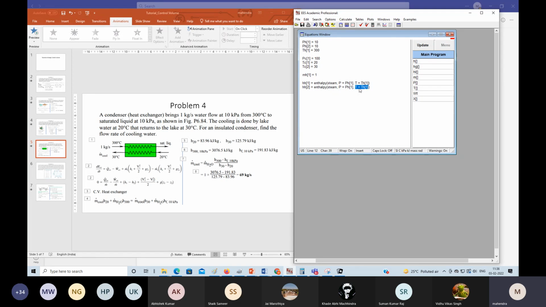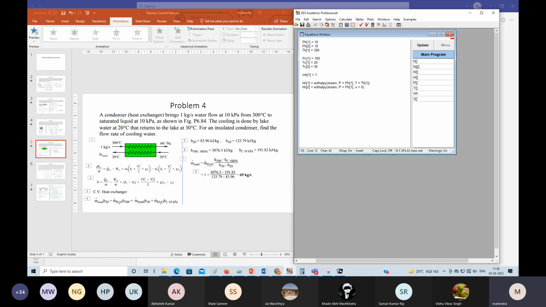So here you need another independent variable. What can we give? We can simply give x equal to 0. That means at this particular pressure, its dryness fraction is 0, meaning it is completely liquid. Fine. Two enthalpies we have calculated.